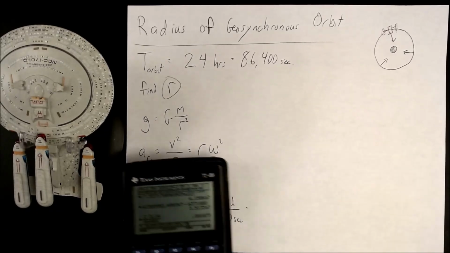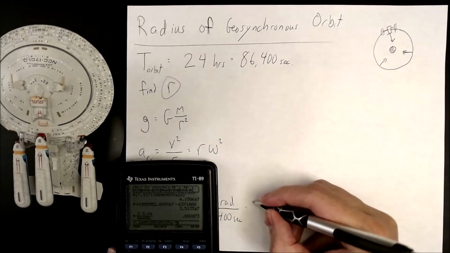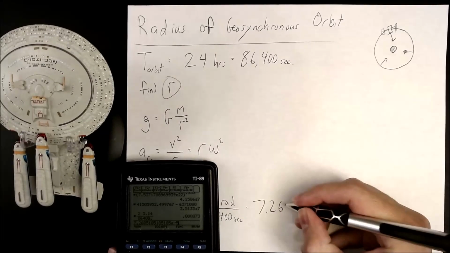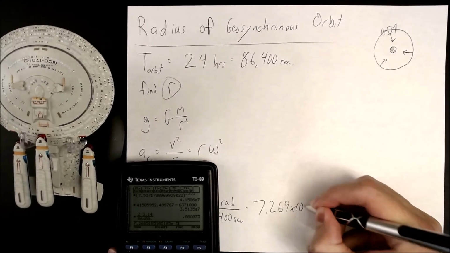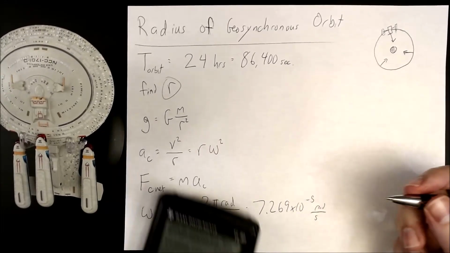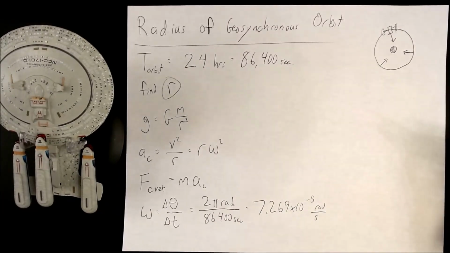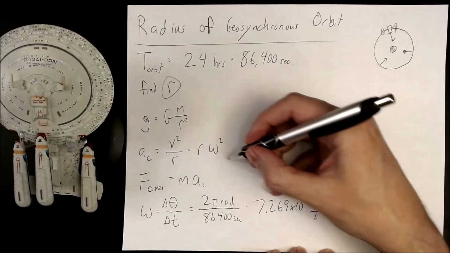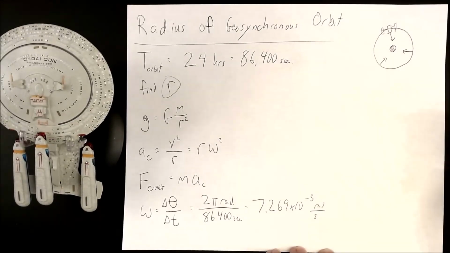What is that tiny number? It is 7.269 times 10 to the negative 5 radians per second. That is our omega. We can plug that in up there for omega.